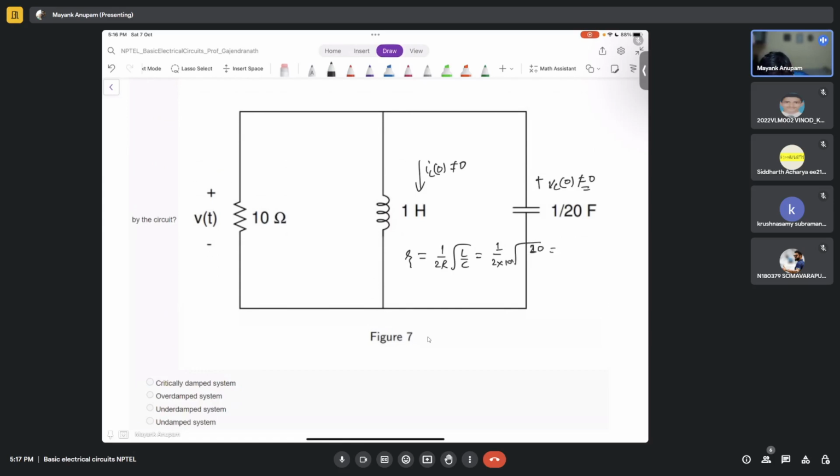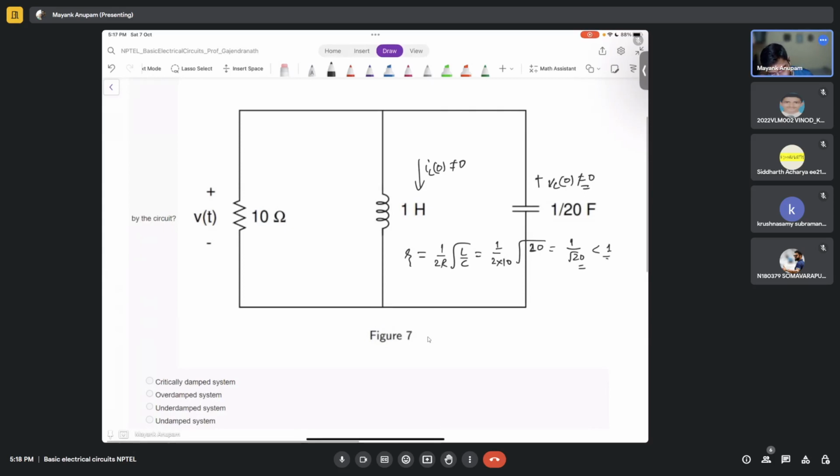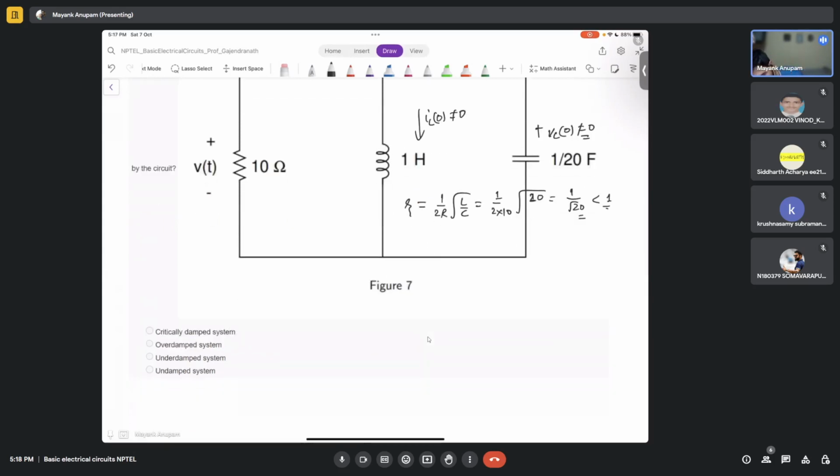So is this less than 1 or greater than 1? How much? It is 1 over root 20, right? So it is definitely less than 1. So what kind of system is this?